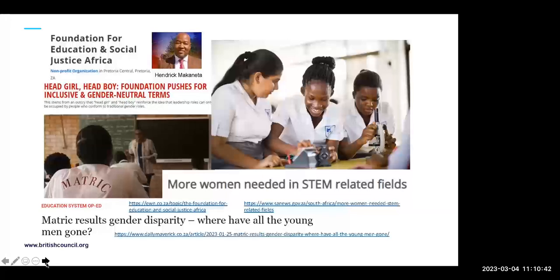Much has also been written in the media about gender inequalities and disparities highlighted, for example, in the South African 2022 grade 12 results that were released at the end of January this year. In an article in the Daily Maverick, January 2023, titled "Where Have All the Young Men Gone?"